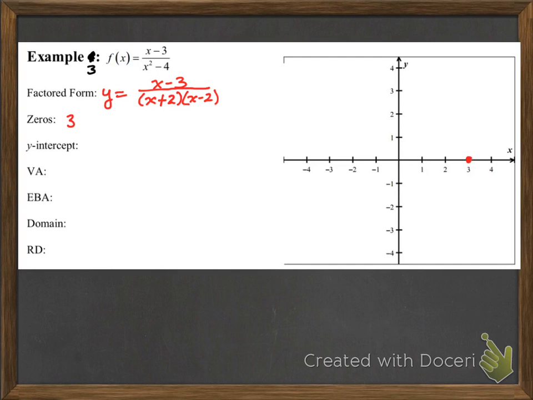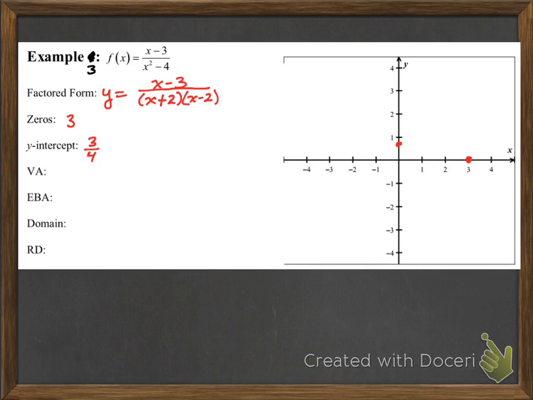The y-intercept is when your x value is 0. And if we put 0 in for x, that leaves us with -3 over -4, which is positive 3/4. All right, so positive 3/4 for the y-intercept.